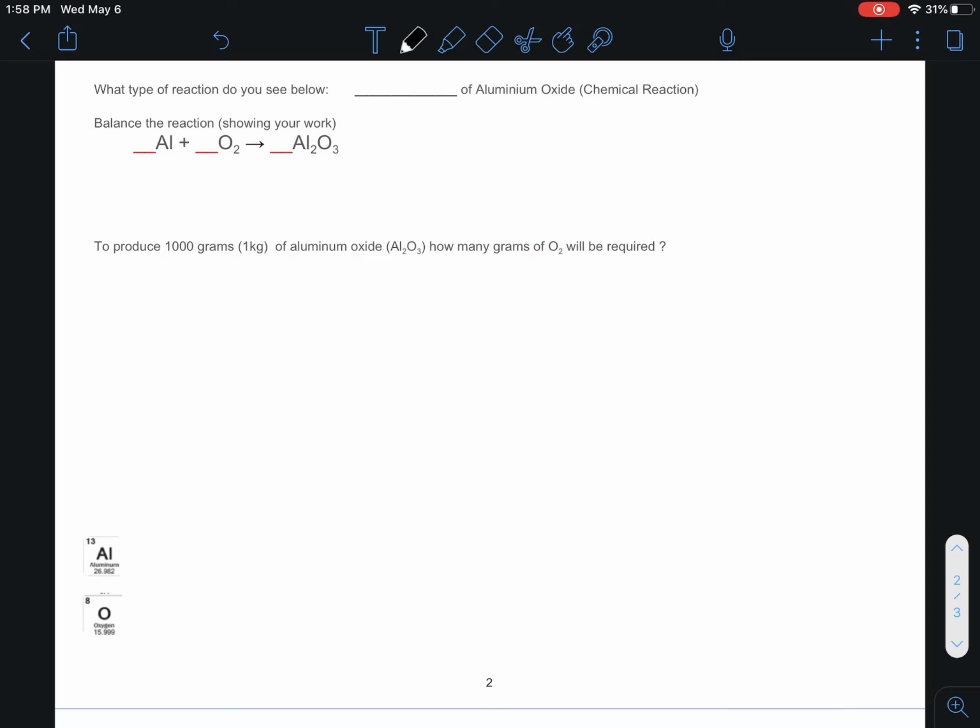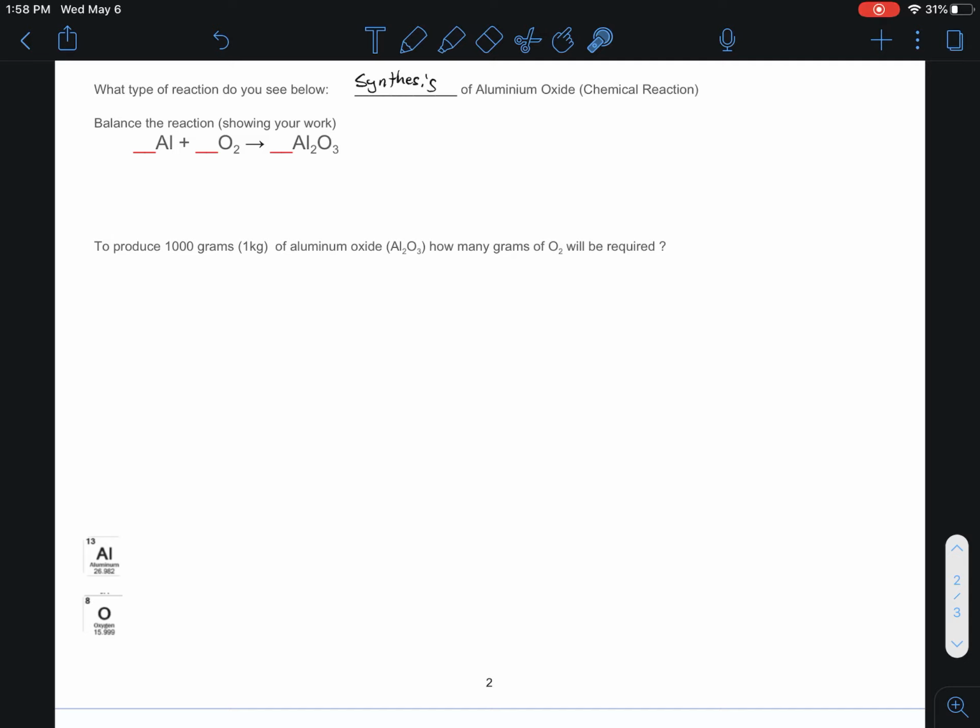Assuming you took that break, this is a synthesis reaction. You know that because you're seeing aluminum combined with oxygen to form aluminum oxide.